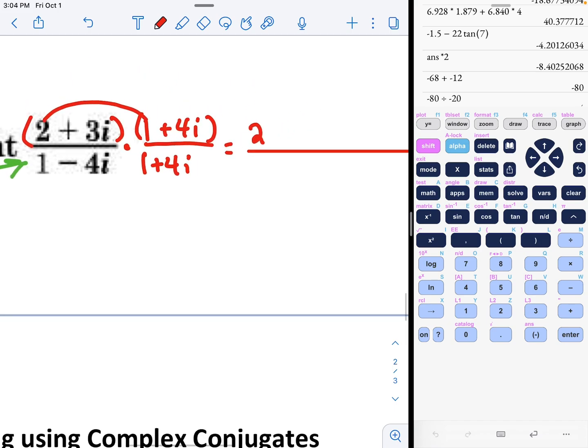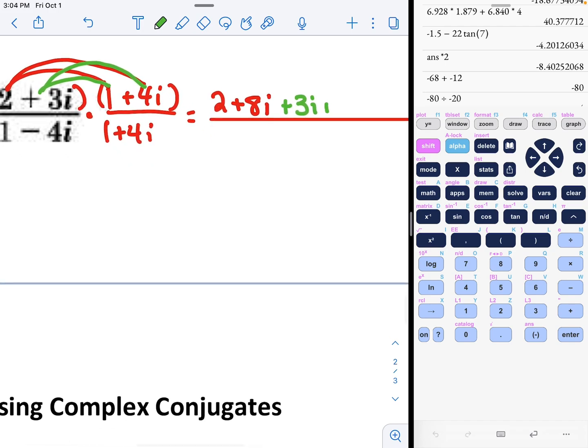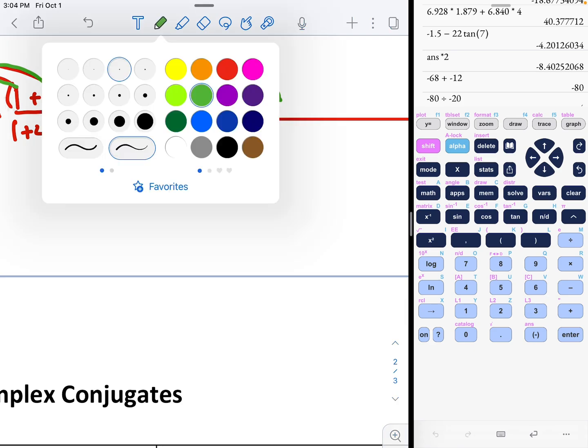The next one, 2 times 4i is 8i. The third one, and I'll change colors because it's getting kind of weird here, that green arc is positive 3i. That green arc is positive 12i squared. I'm still going to just continue to clean up the numerator.